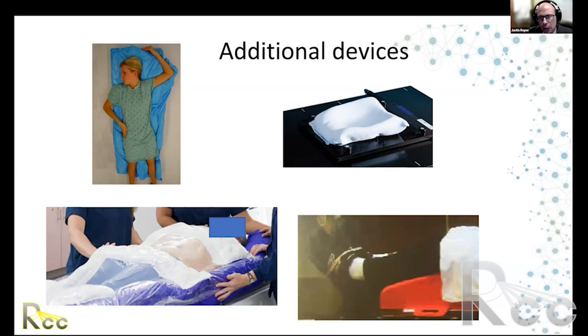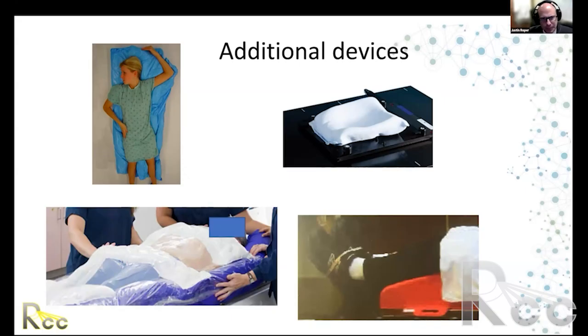In the upper right, we see a custom headrest that is made from a foam cushion. And then at the bottom, we see an indexable red wedge under the patient's knees, and then rubber bands around the patient's feet, which are used to secure the feet and thereby stabilize the rotation of the legs that can actually have consequences all the way up into the pelvis.